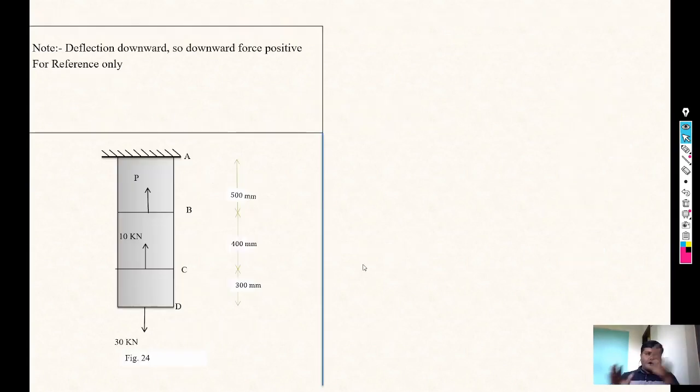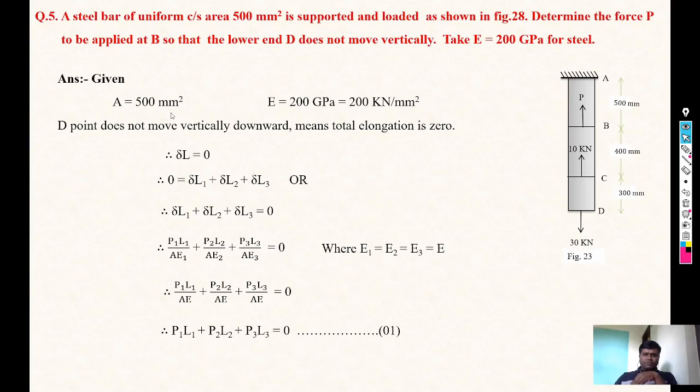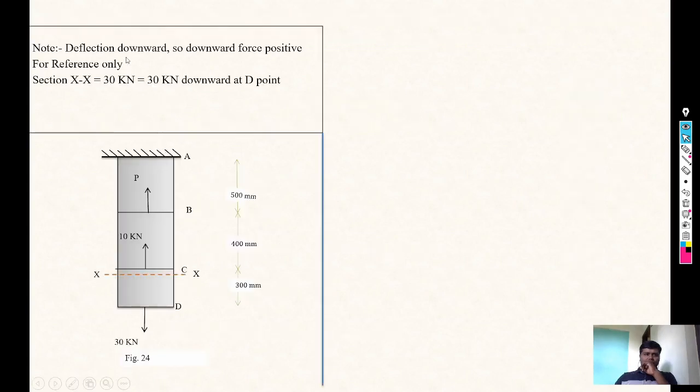Okay. Now after that, just apply our general rule and calculate it. Downward force is positive for reference only. Generally in such a case, the possibility of deflection of that rod is downward.